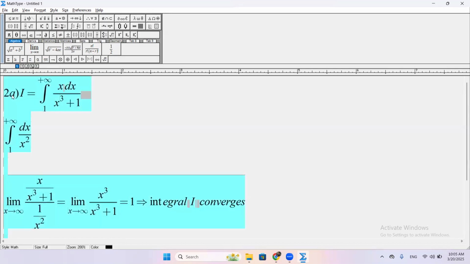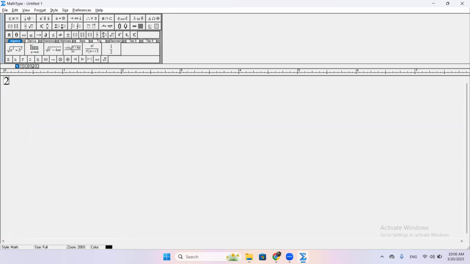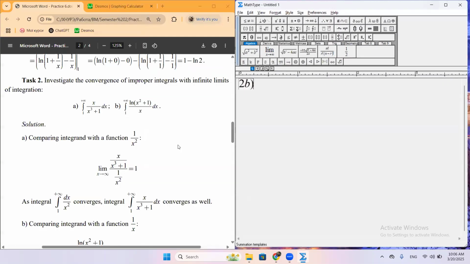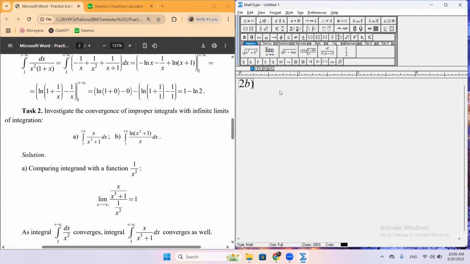Okay, if no questions, let's solve 2b. We have the following integral from 1 to plus infinity of logarithm of x square plus 1, over x dx.